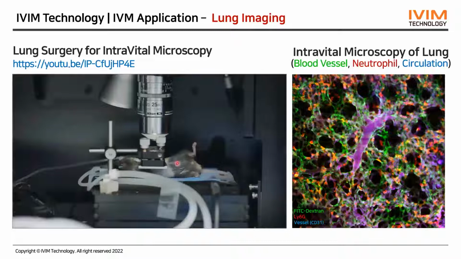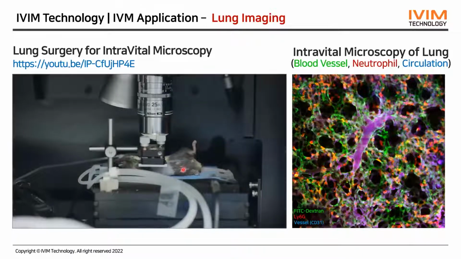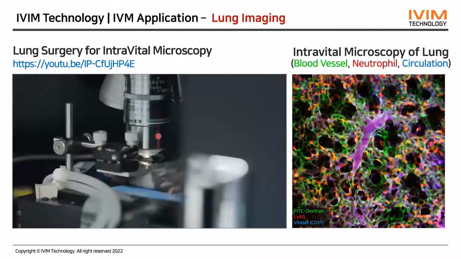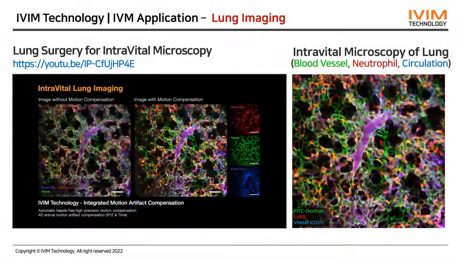Then when we start the lung imaging, with the motion compensation function, we can get this clear, high resolution image of the lung, which is visualizing the neutrophils and blood flow dynamics simultaneously in real time.